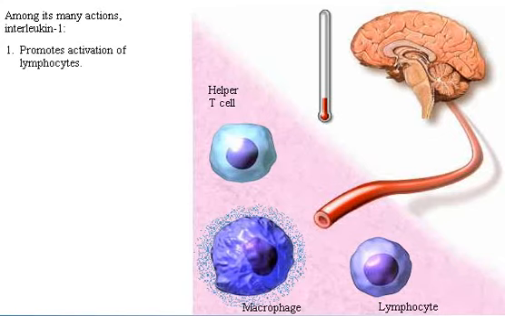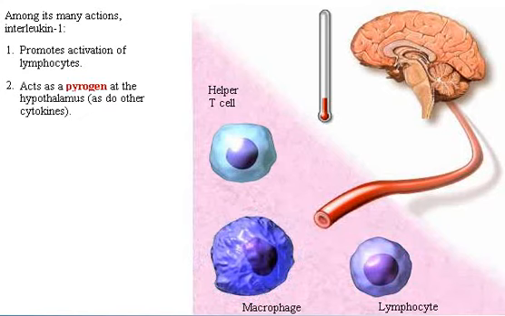First, it mobilizes adaptive defenses by promoting activation of lymphocytes. Click the lymphocyte to activate it. Second, at higher concentrations, it and other cytokines act as a pyrogen, that is, it resets the body's thermostat in the hypothalamus, causing fever.